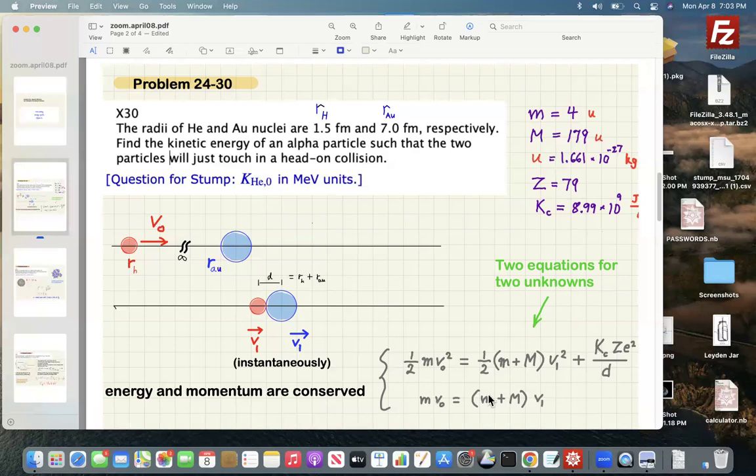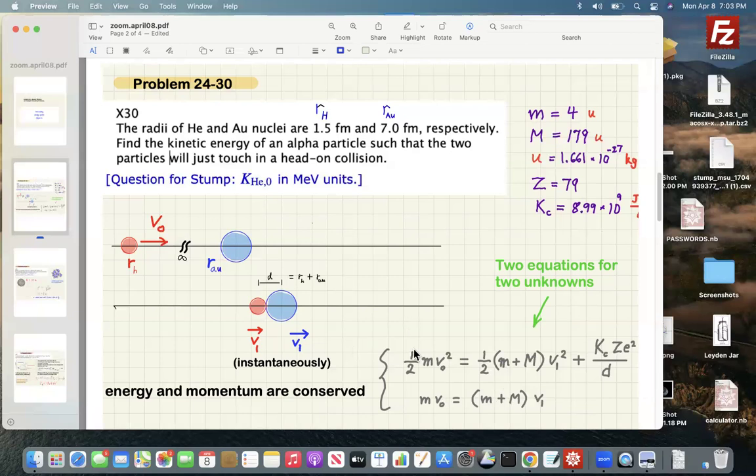The final momentum is the combination of the two masses, little m plus capital M. Capital M is the gold nucleus mass, times the velocity of those two particles. Momentum is mass times velocity. So that's one equation. The other equation is conservation of energy.